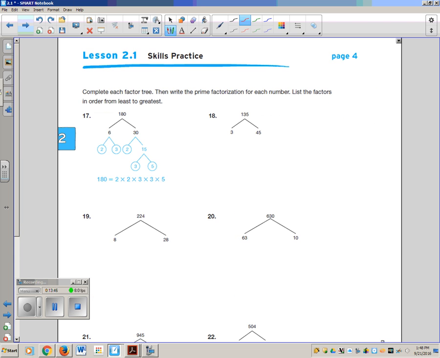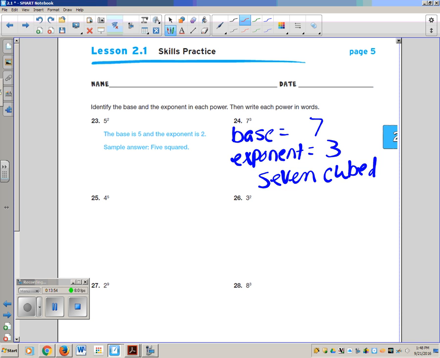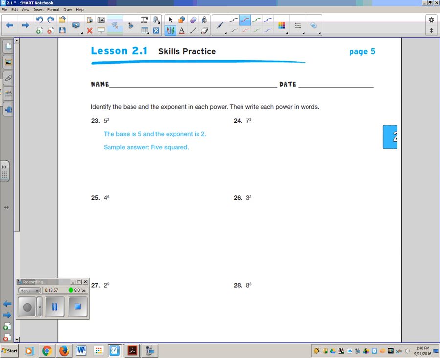This page, more prime factorization. And then number 24, write the word base, write the word exponent. Marshall, on 7 to the 3rd power, what is the base?